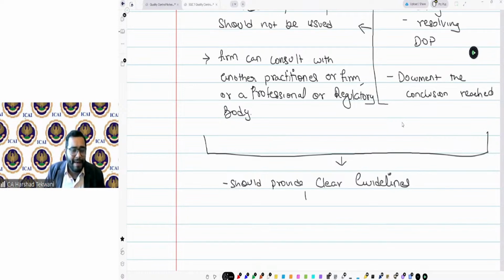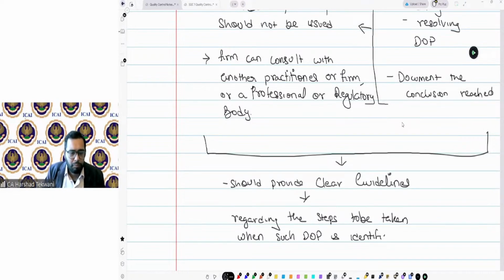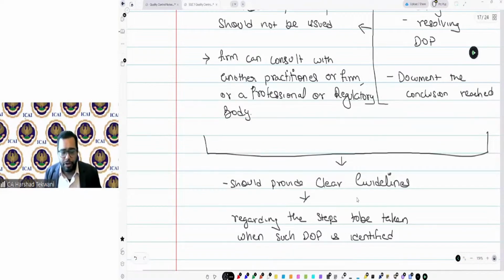Clear guidelines regarding these steps to be taken when such difference of opinion is identified, for the resolution of such difference of opinion.